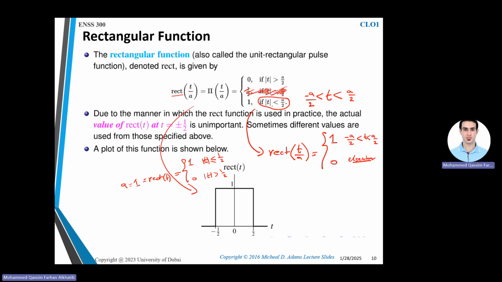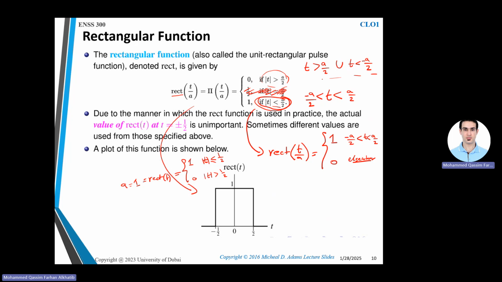So you don't have to worry about the other expression, because absolute value of t larger than a over 2 means that t is larger than a over 2, union with t less than negative a over 2. Write the simple expression, and elsewhere the function is 0.